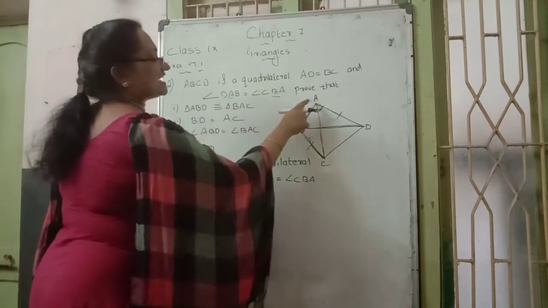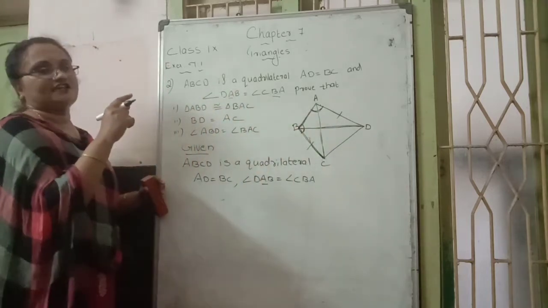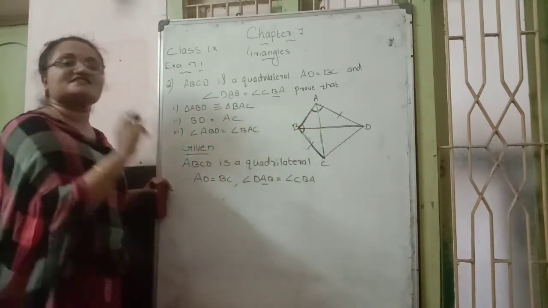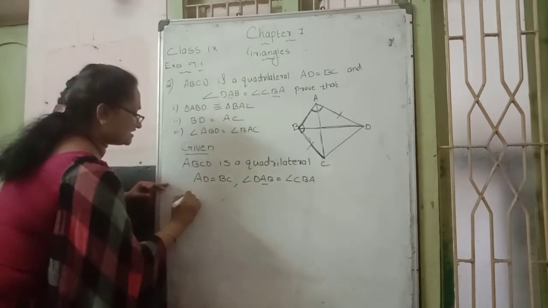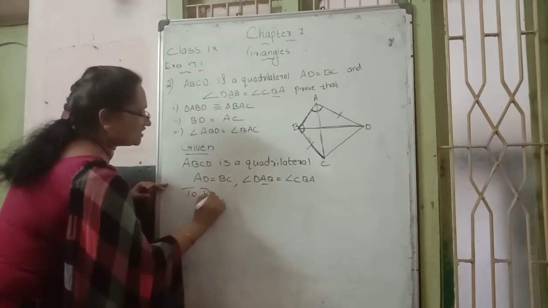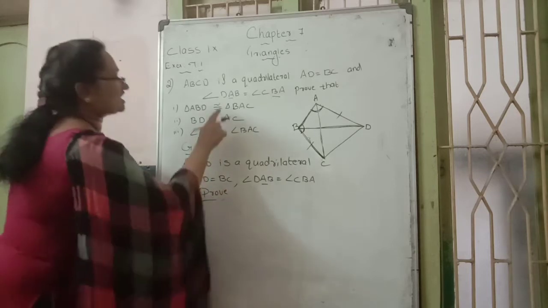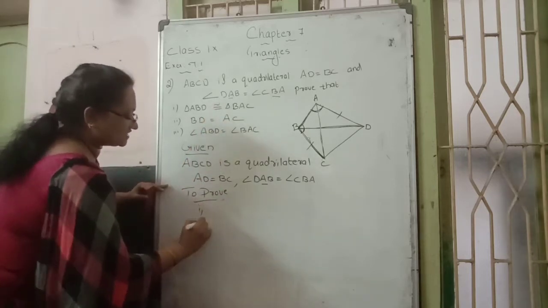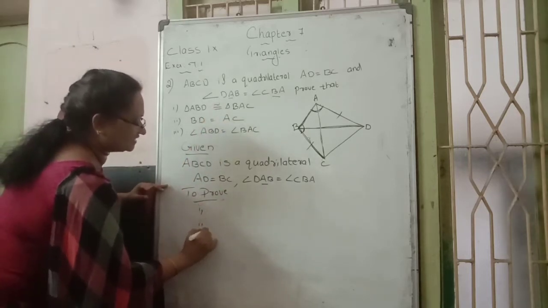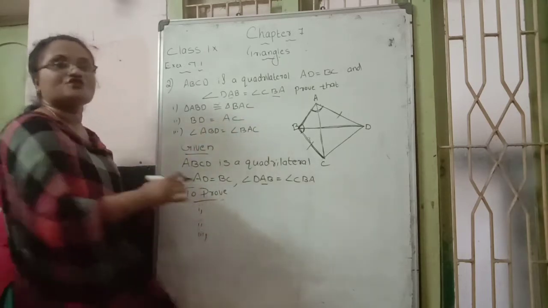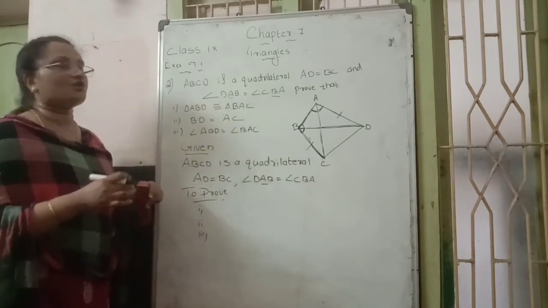So we can say angle A and angle B are equal. These are the things given in the question. The second step is to prove: what we want to prove. These 3 cases we write once again as first, second and third.